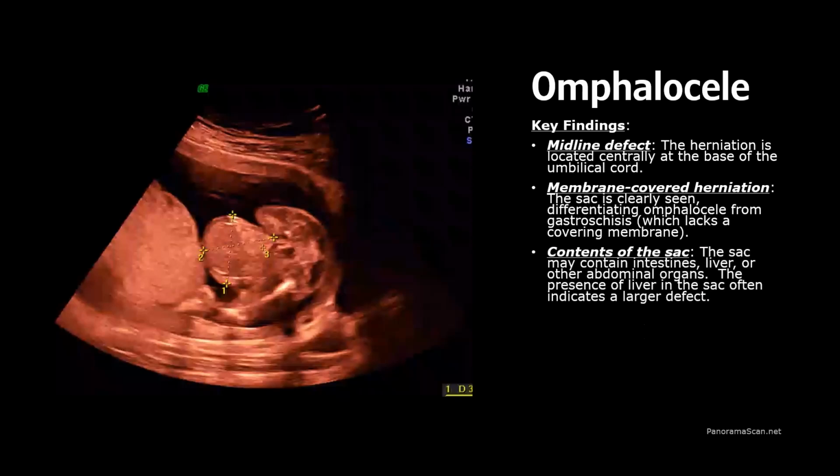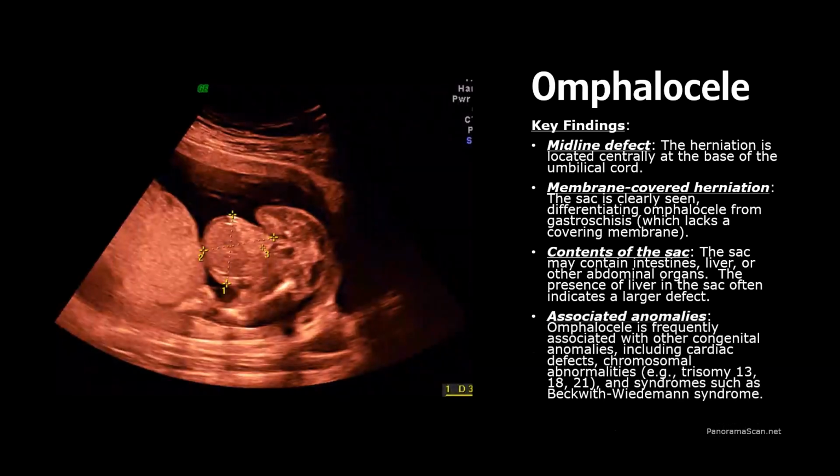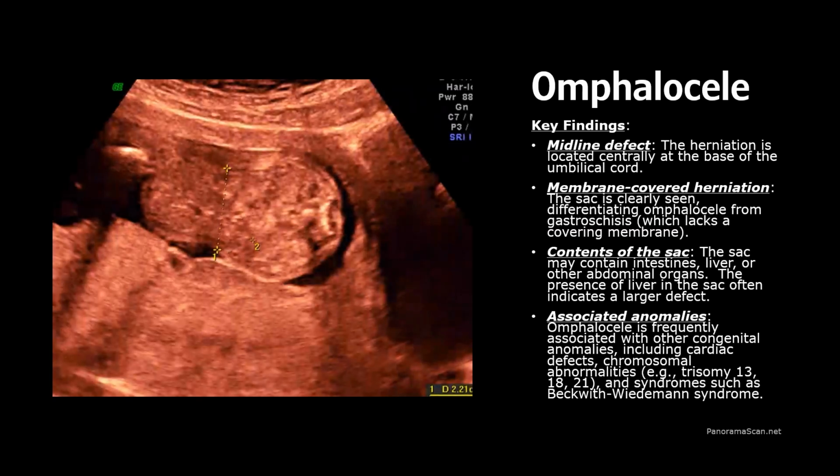The content of the sac can vary. While intestines are commonly involved, larger defects may also include the liver or other abdominal organs, such as stomach maybe. The presence of the liver within the herniation is an important prognostic indicator, as it suggests a more significant defect.